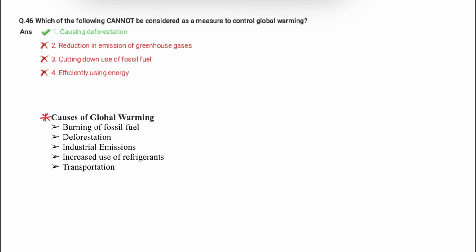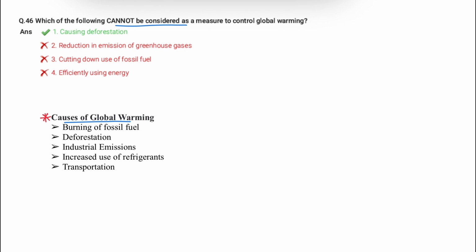Which of the following cannot be considered as a measure to control global warming? So causes of global warming are burning of fossil fuel, deforestation, industrial emissions, increased use of refrigerants and transportation.